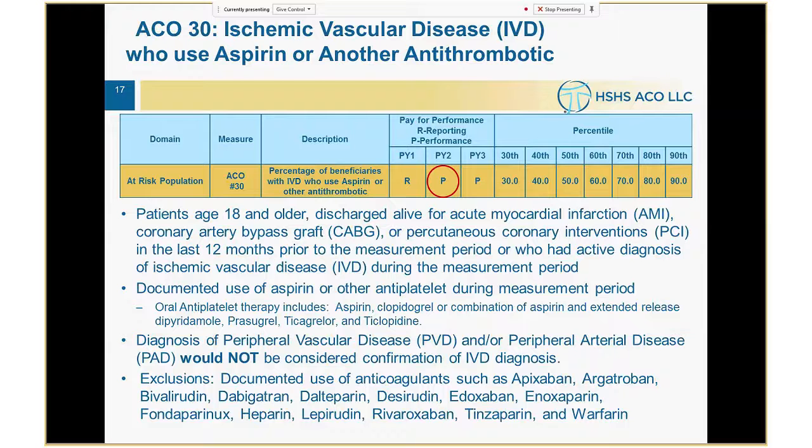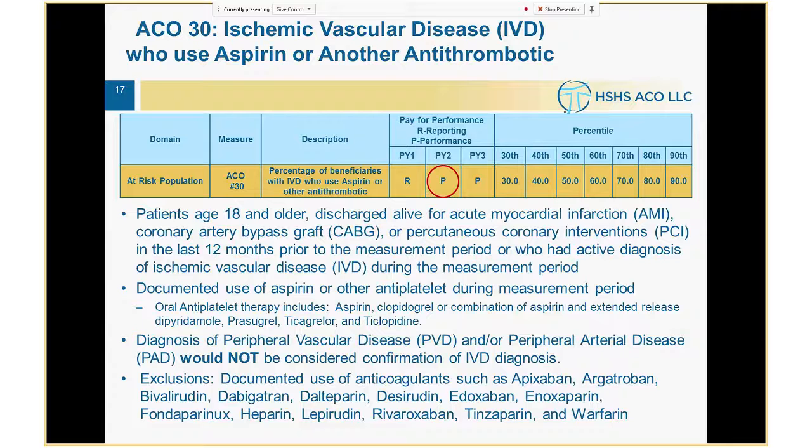To be positive, or be in the numerator, they have to have a documented use of aspirin or other antiplatelets during the measurement period. And CMS did get more specific in outlining what medications will be considered compliant with this measure. So you have aspirin, Plavix, and the others listed there on the screen.